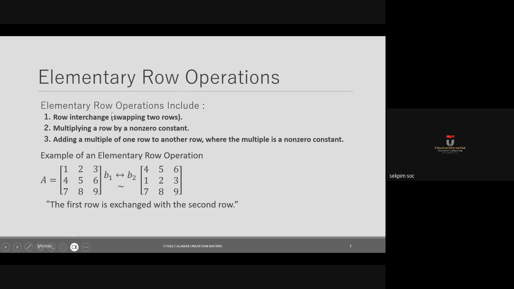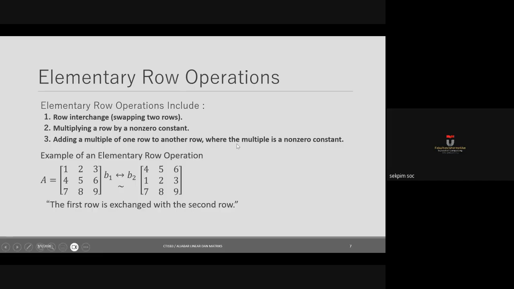It's like swapping two rows in the matrix. The second one is multiplying a row in the matrix by a non-zero constant. And the third one is you add a multiple of one row to another row.